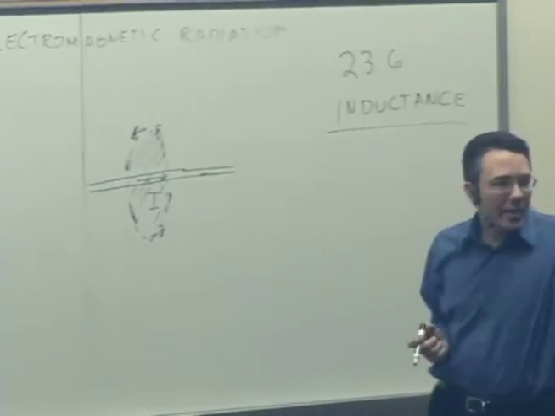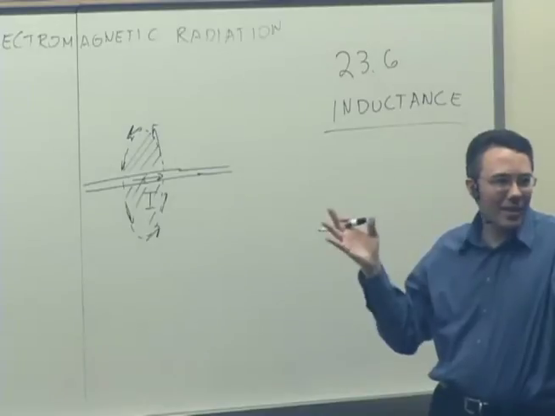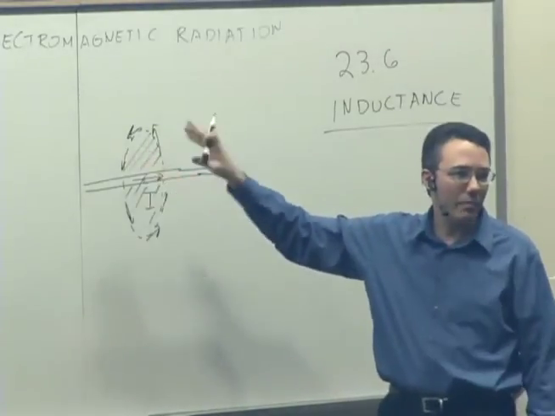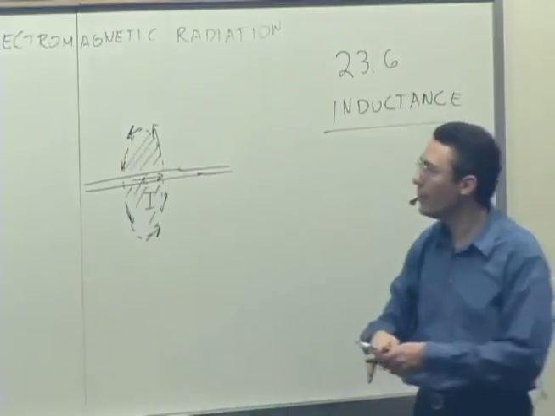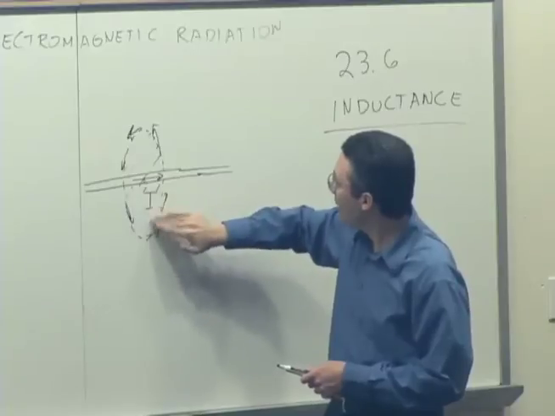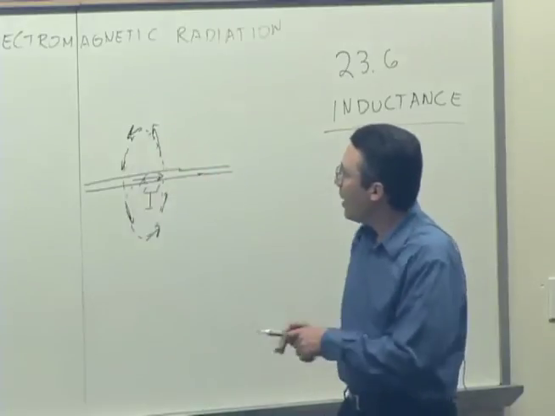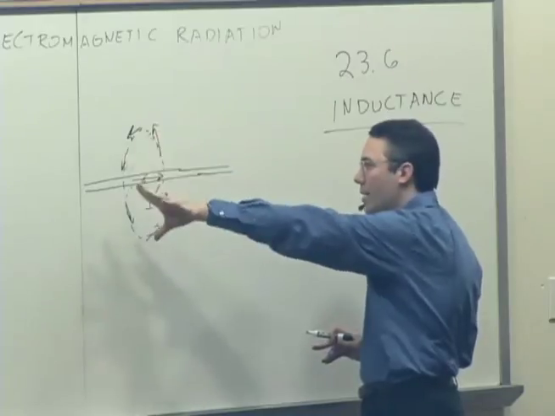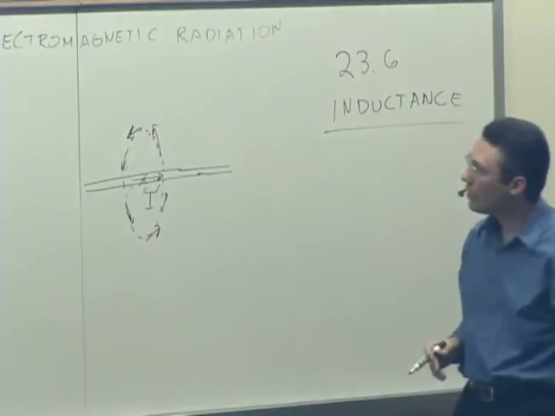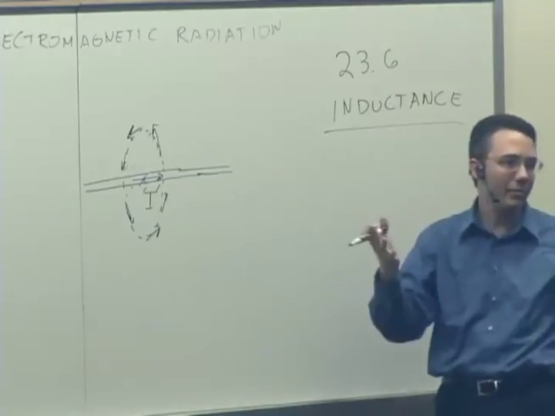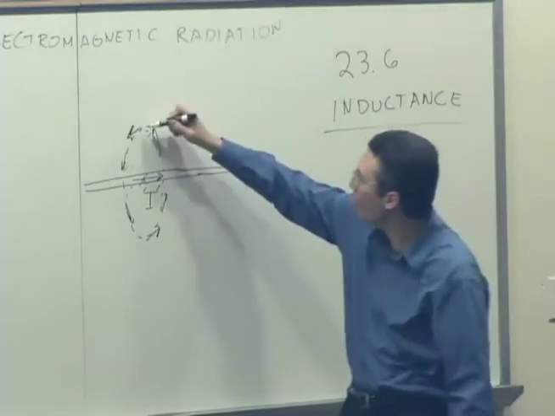The ambiguity is that it turns out that's not the only surface you can think of as being bound by that loop, and you have to use a little bit of imagination here, but I don't necessarily have to have the surface stretched over the loop. I could have a surface that's bound by the loop. It could be in any shape. For example, it could be sort of a bowl shape.